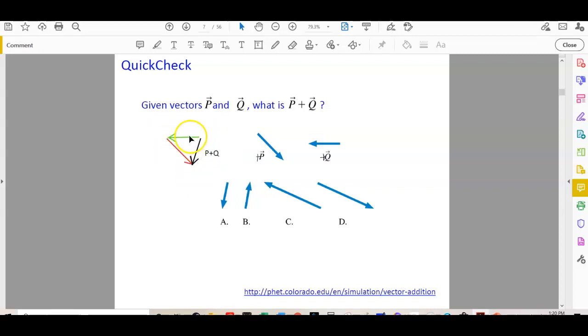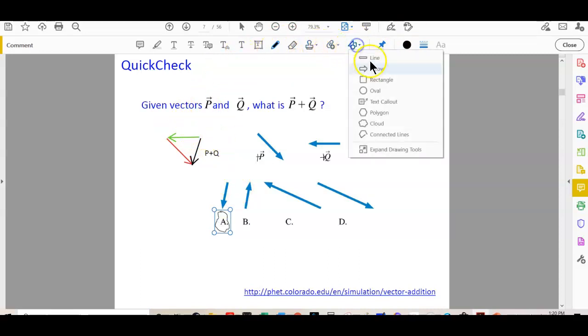Okay. So for example, notice that this PQ vector is now pointing down to the left, which would match up with A. But again, I want to emphasize this. Let's make sure that that is the case.